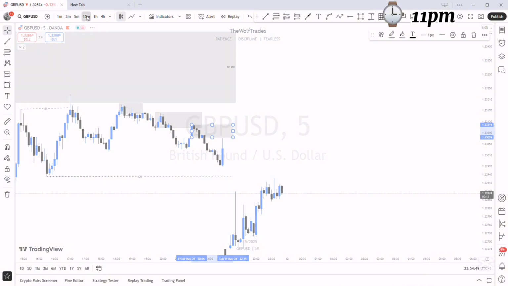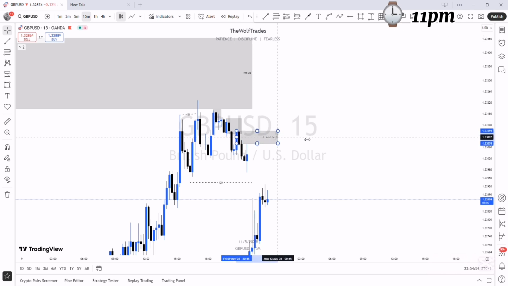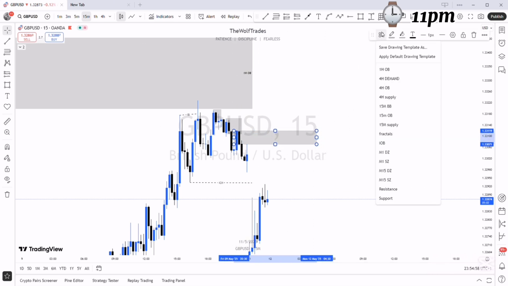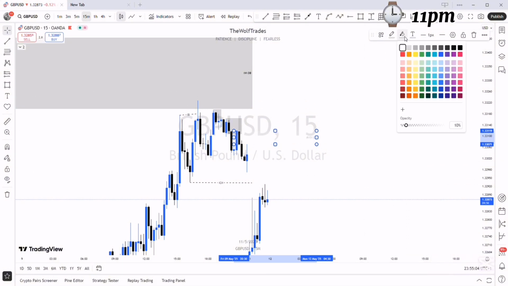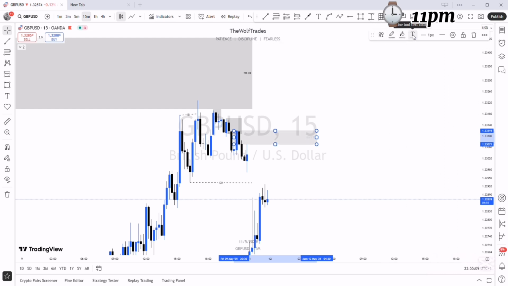But I'll scale to the 15 minutes time frame to check whether the 5 minutes and the 15 minutes order block aligns. And when I checked, it's really aligned, and the order block or the supply zone hasn't been tested. Let me just change the settings real quick.